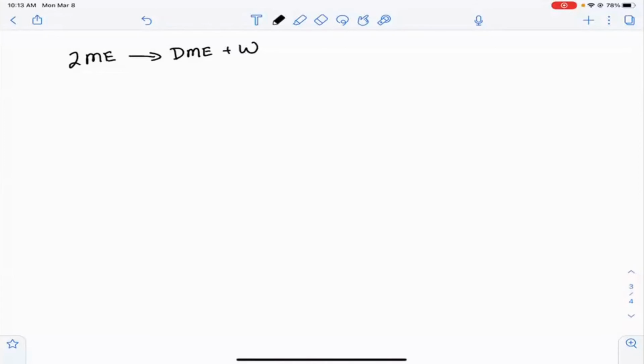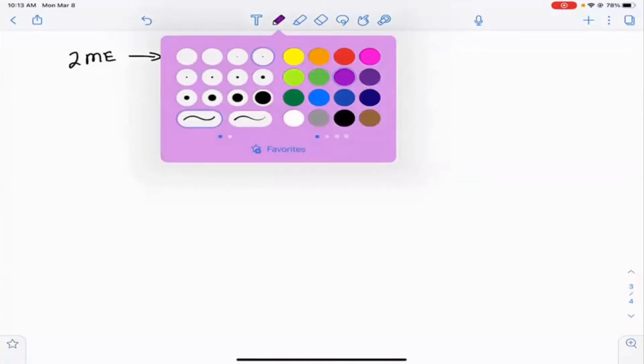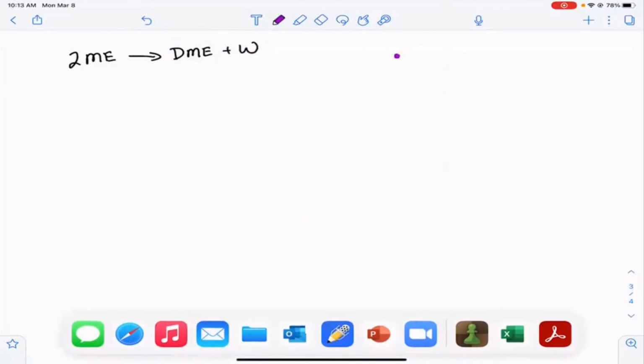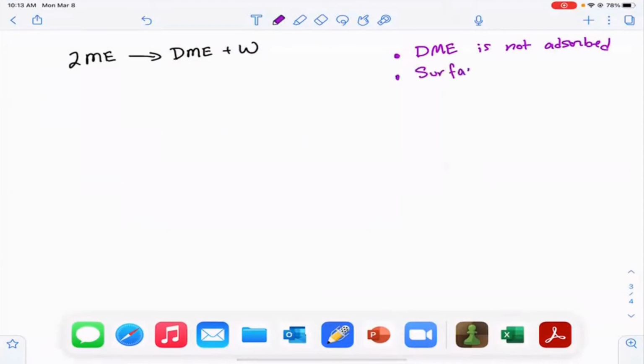Now, again, not from the rate law, we're going to find the rate law. From the problem, we know that DME is not adsorbed on the surface, right? And we know that the surface reaction is the rate determining step, okay?